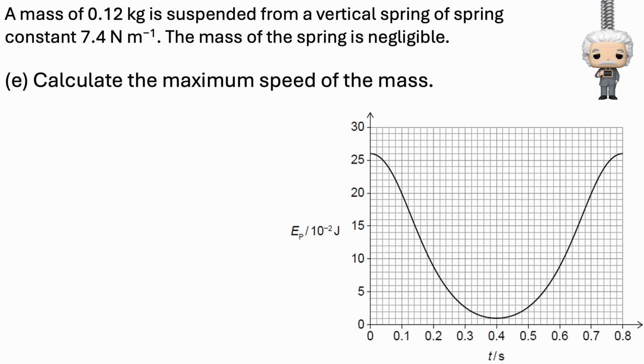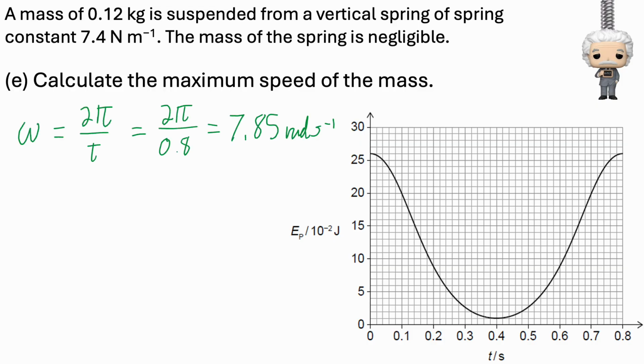Now we have to calculate the maximum speed of the mass, and it's worth bearing in mind there are a lot of similarities between the mathematics of angular motion and SHM. That's sometimes why angular velocity is called angular frequency. Even though it's a mass bouncing up and down, the phase relationship is cyclical.